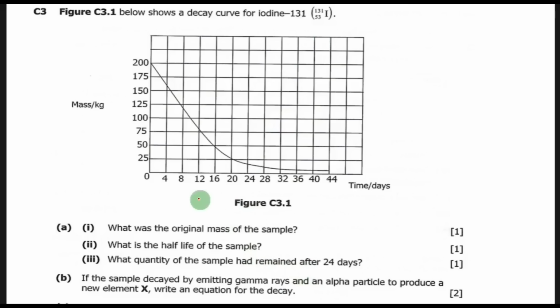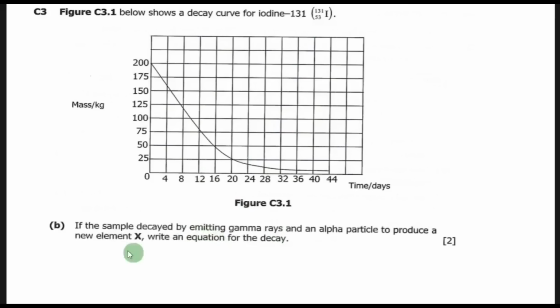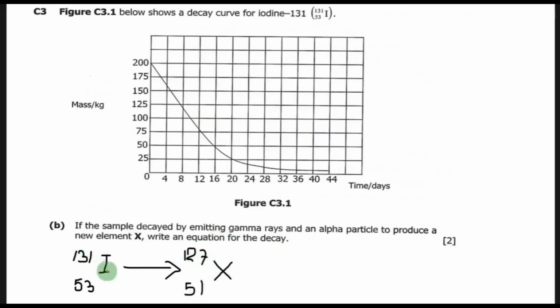So now I'm going to write this equation here. So I'll say, if this is iodine 131, 53, if it undergoes decay by alpha, then this one must decrease by 4. So 131 minus 4, you remain with 127. 53 decreases by 2, you remain with 51.